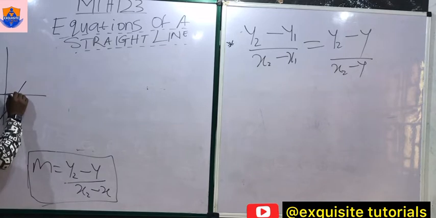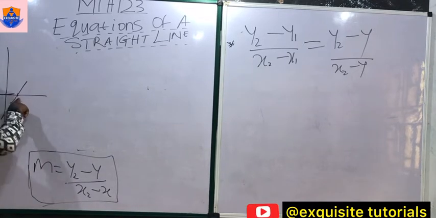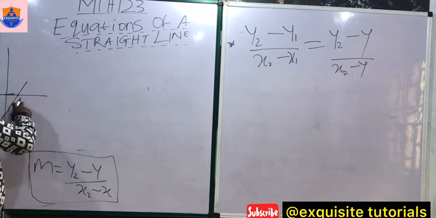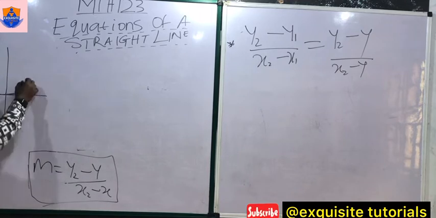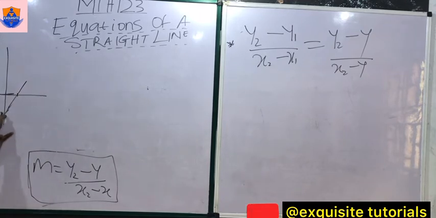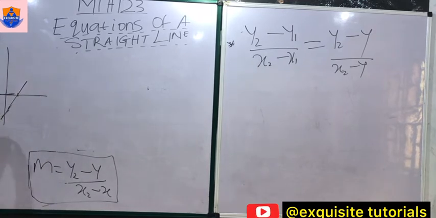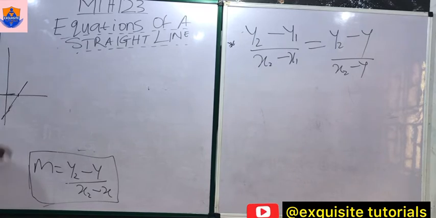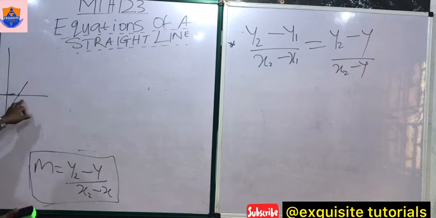Now if it touches the x axis at this point, this will be the intercept on the x axis, and if this straight line touches the y axis at this point, this point becomes the intercept on the y axis. Now the peculiar thing about intercept is that at the intercept on the x axis, the value of y is 0, and at the intercept on the y axis, the value of x is 0.